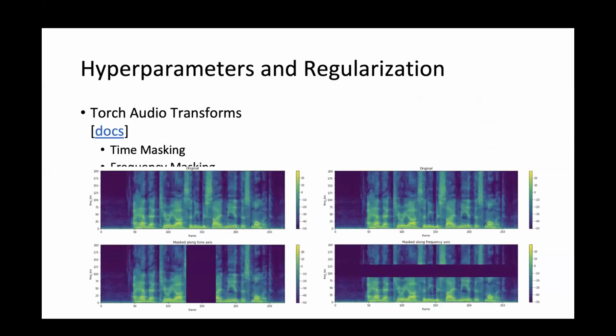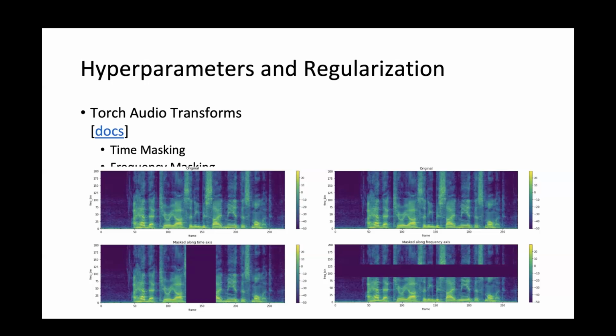Time masking and frequency masking also help in this homework. Your MFCC is represented along the frequency domain, which is your y-axis, and the time domain, which is your x-axis.